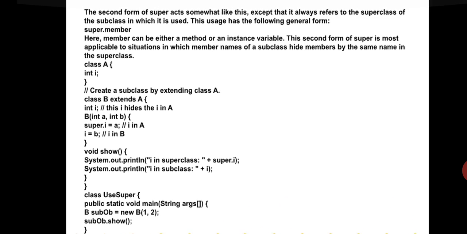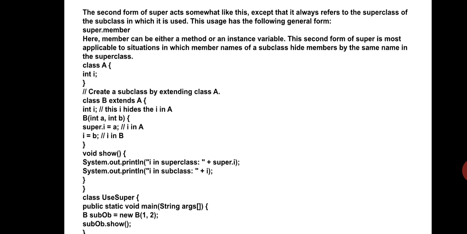Now you have one more concept. The second form of super acts somewhat like the this keyword. This means the current object which you are referring to, isn't it? Except that it always refers to the superclass of the subclass in which it is used. So it will always be referring to the superclass. Now the usage is the following.